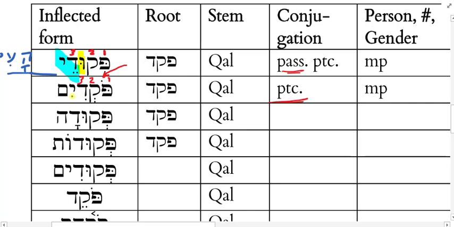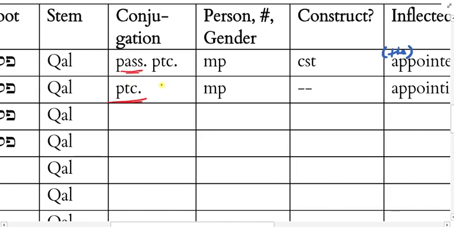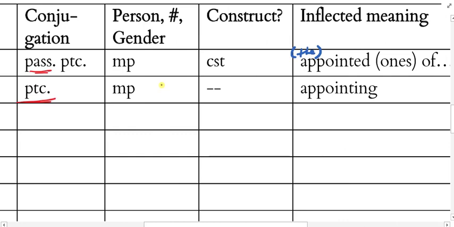Is it construct or not? No, because what does eem always become when it's in the construct state? It becomes ei, right? So it's not construct. And here it means appointing. Or if it's being used substantively, I could say appointing ones or ones who appoint. Okay?